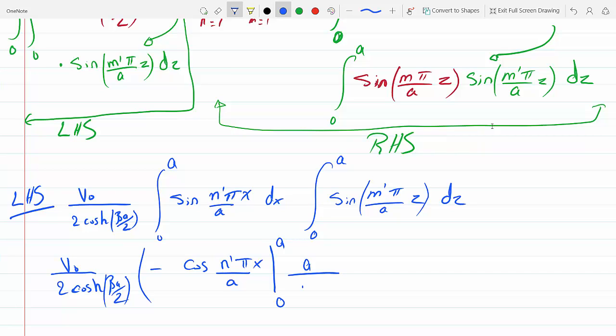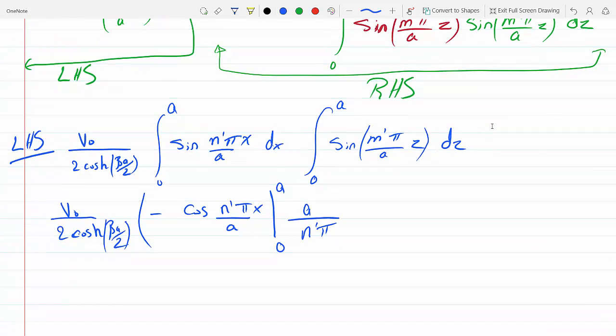Notice that the first integral is identical to the second integral. You just replace n prime with m prime, so I don't have to evaluate both of them. Let me lump all these constants on the left hand side. So we will get minus v0 a over 2 n prime pi cosine hyperbolic beta a over 2.